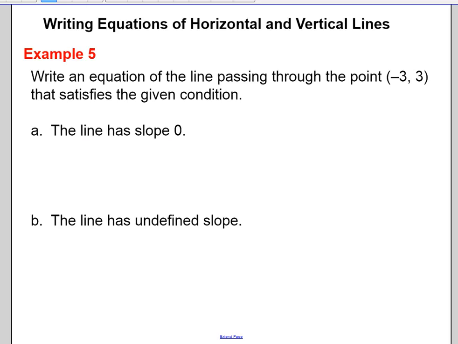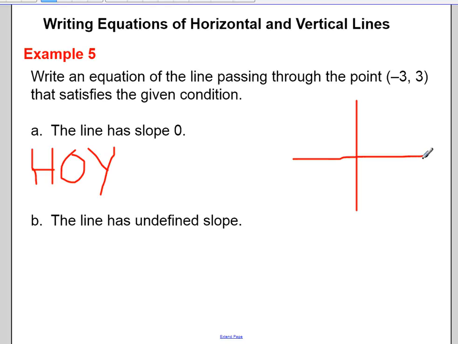In this example, we want to write the equation of a line that passes through the point (-3, 3) and satisfies the given condition. If the line has a slope equal to 0, then that's the HOY. It's a horizontal line that goes through the point (-3, 3).